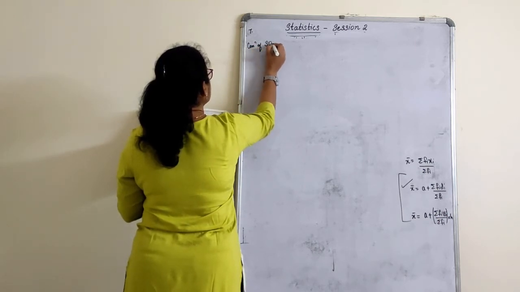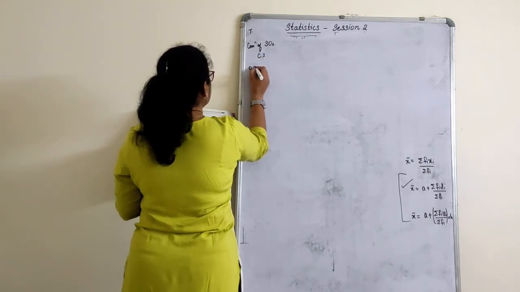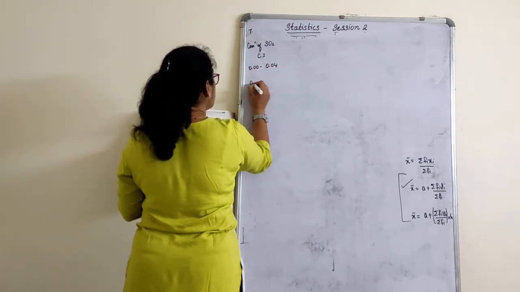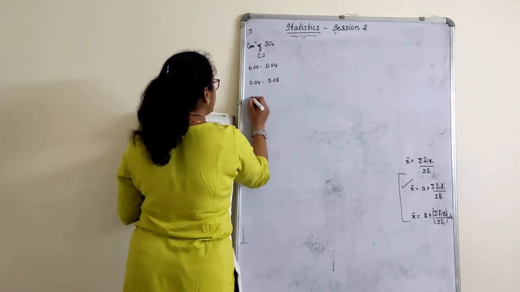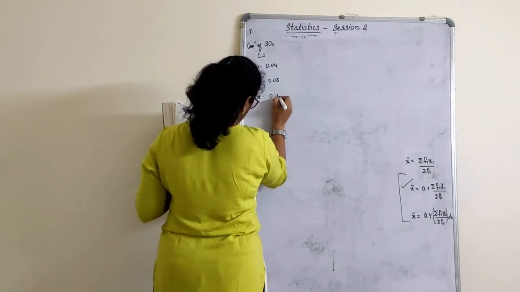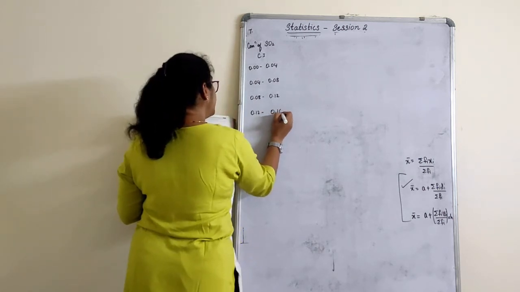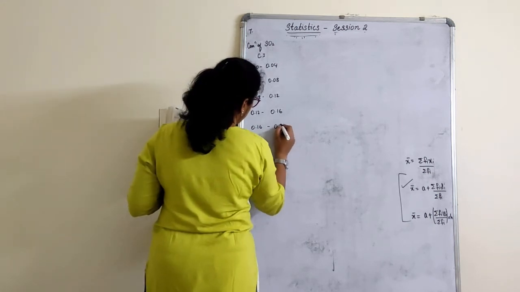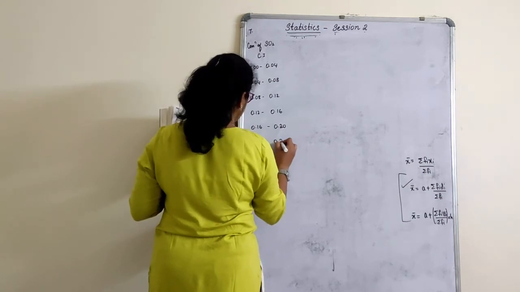Concentration of SO2, that is your class interval: 0.00 to 0.04, 0.04 to 0.08, 0.08 to 0.12, 0.12 to 0.16, 0.16 to 0.20, 0.20 to 0.24.